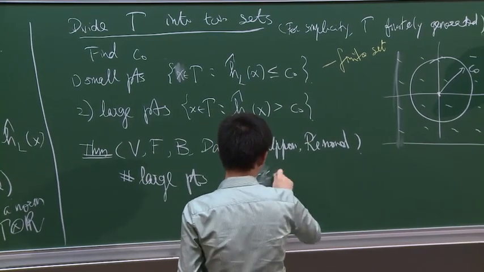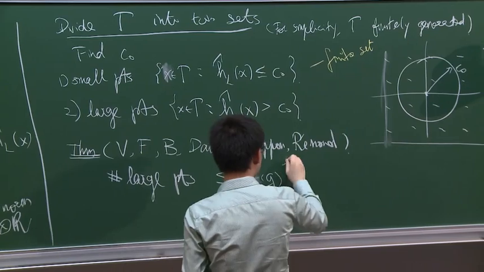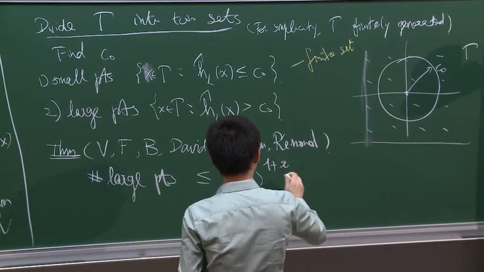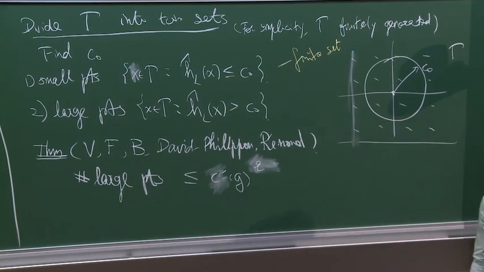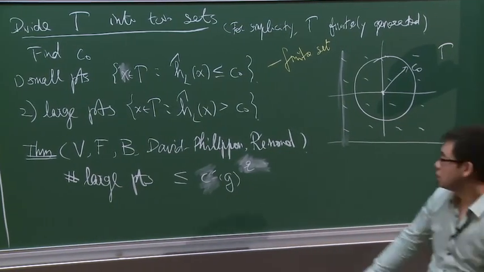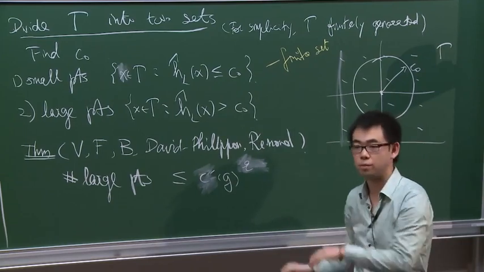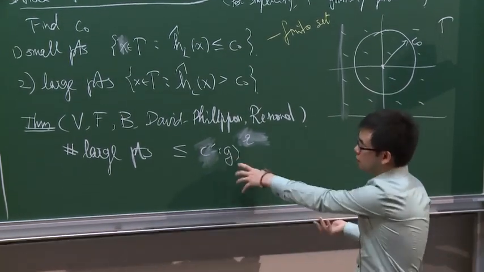I'll just write it as C'(g, r), sorry. The number of large points is already uniformly bounded. Actually, this number is g times 7 to the power of r, but let me state it in this way.